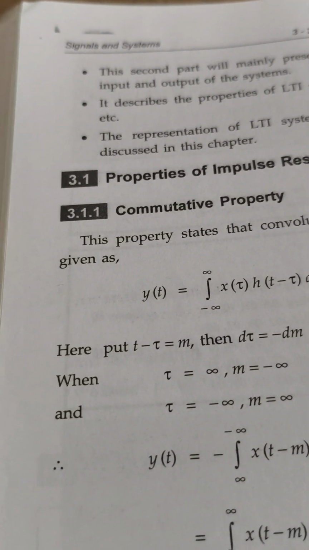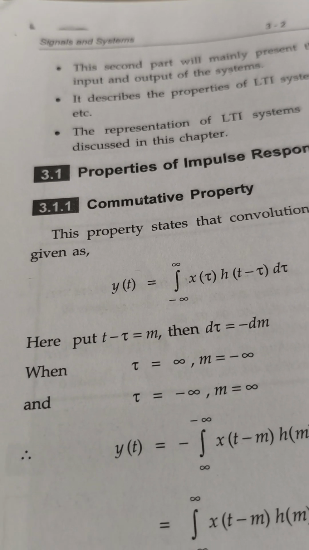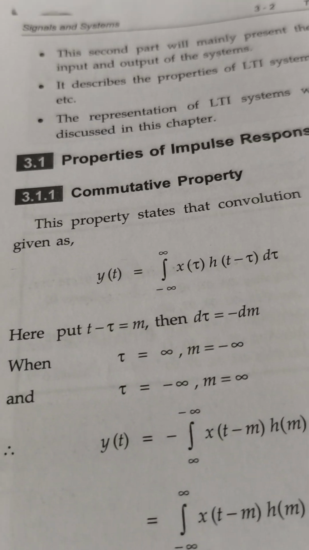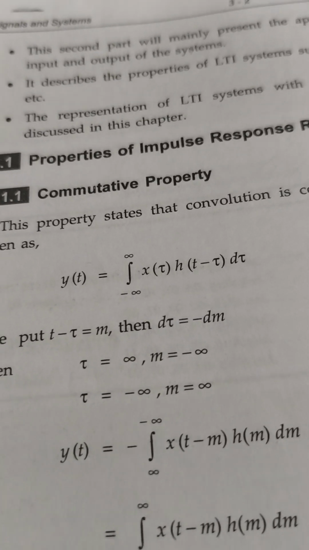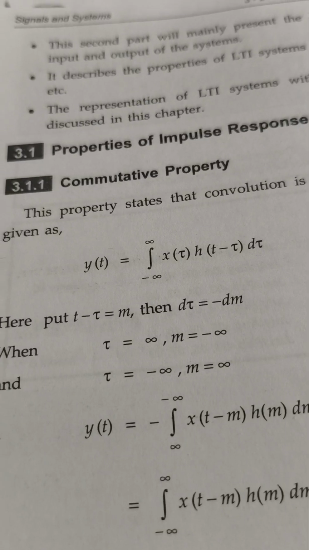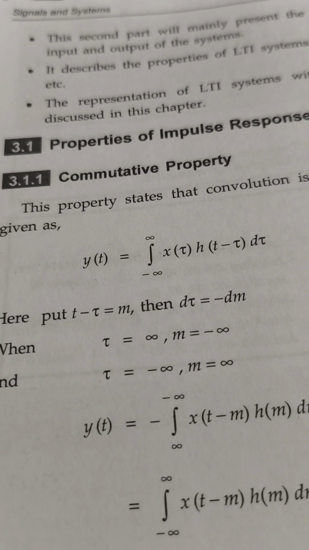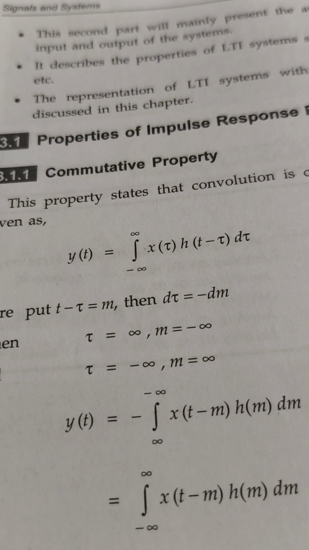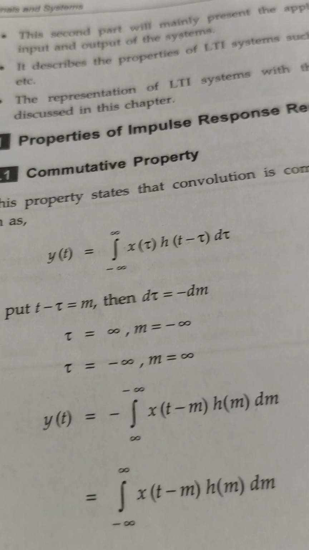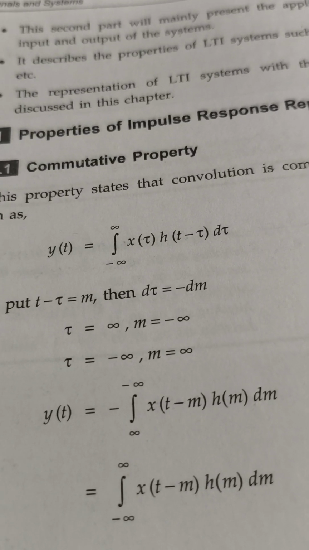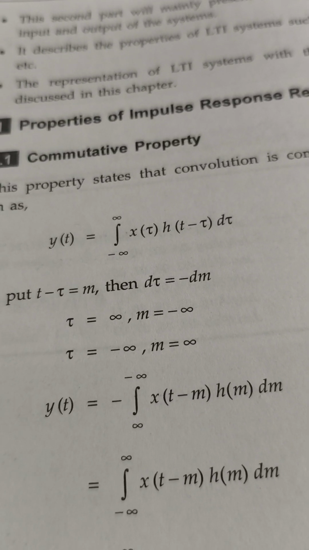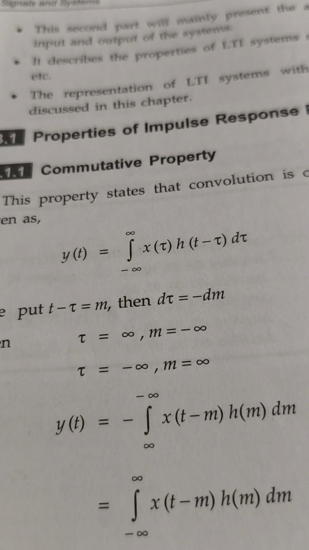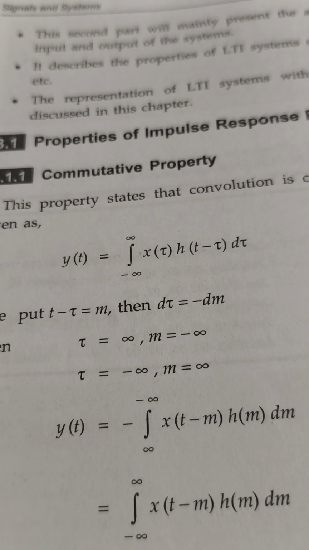Here, to prove that the convolution integral obeys the commutative operation, we put t minus tau equal to m. Then differentiating, d tau equals minus dm.